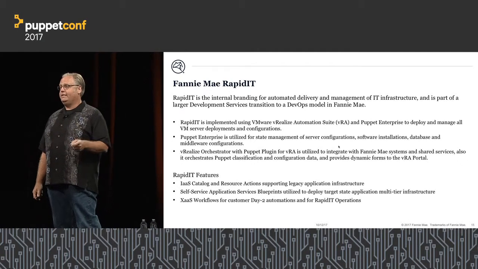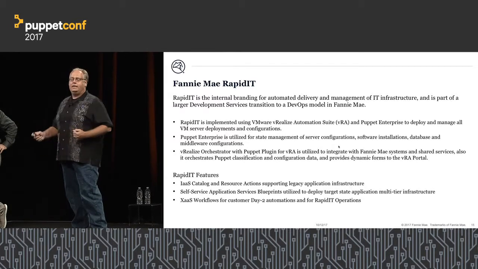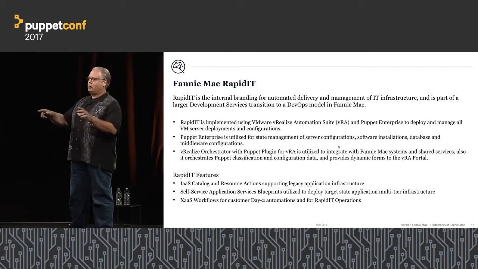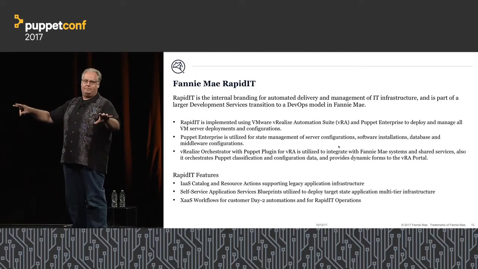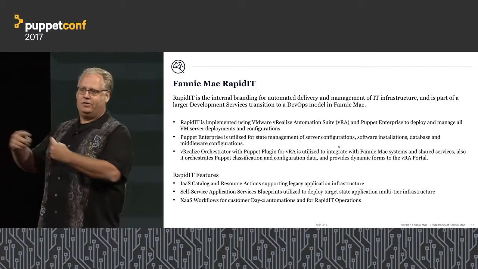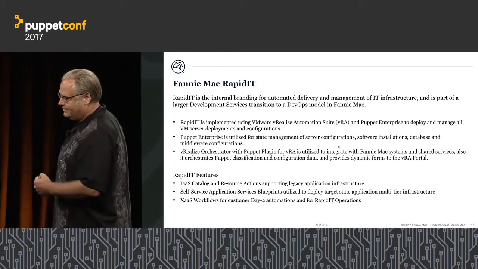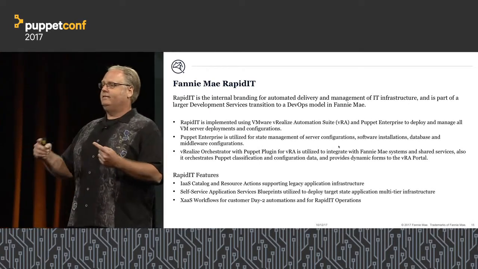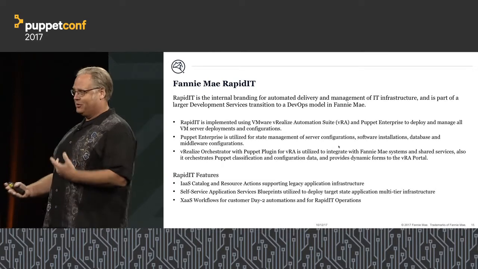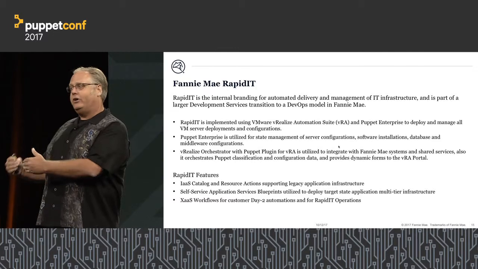We use vRealize Orchestrator to pass information to Puppet and integrate with all of the disparate systems. Big corporations like Fannie Mae have a lot of old systems that you have to integrate with, and vRO is really good at reaching out. So IPAM, DNS, all of those is where we use vRO a lot. And vRealize Orchestrator lets us orchestrate Puppet too, because when we started this, there was no Puppet orchestration. You had to put all of that in Puppet code. And we weren't very good at Puppet code yet.